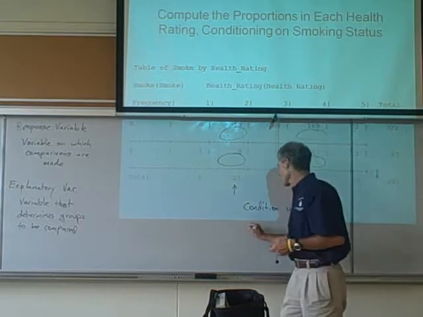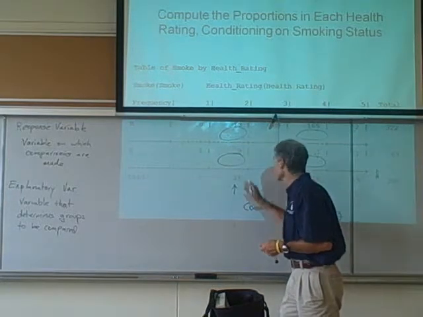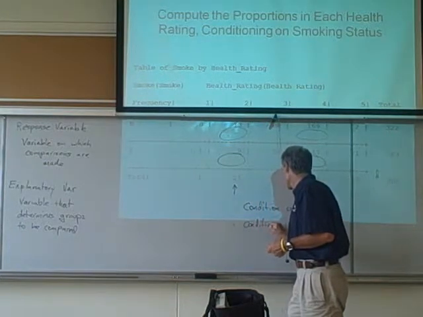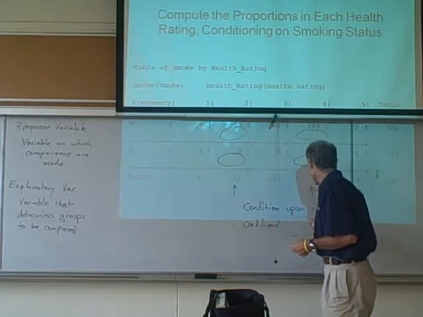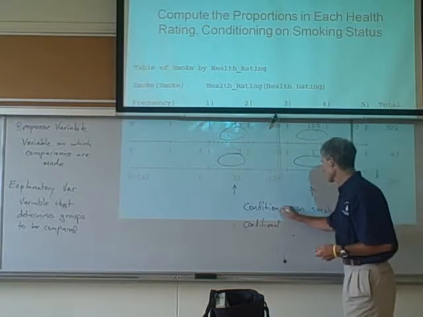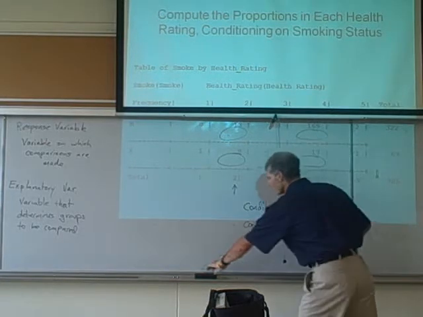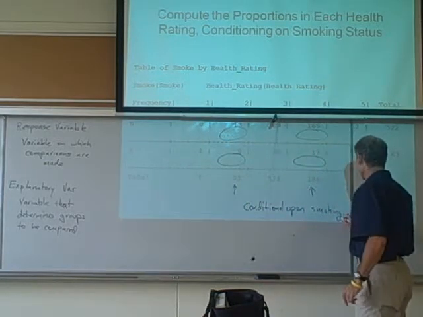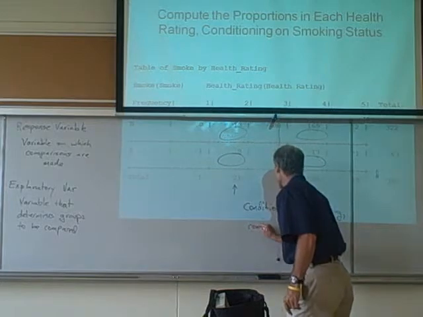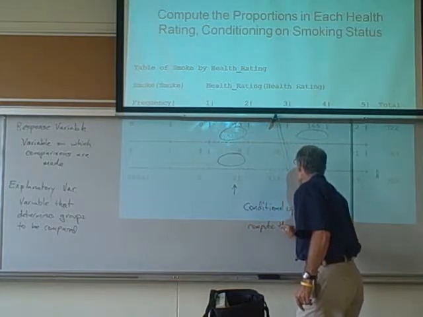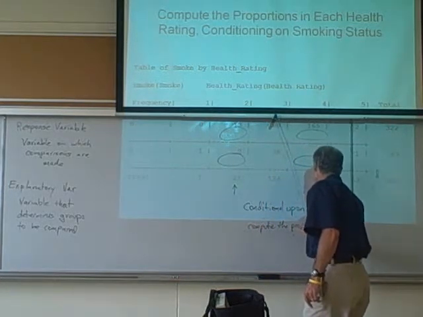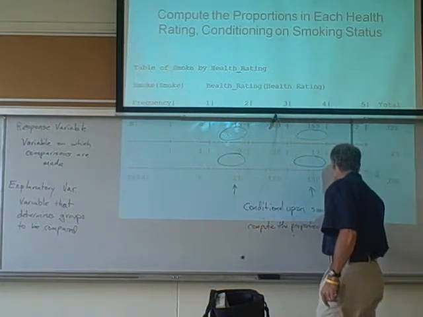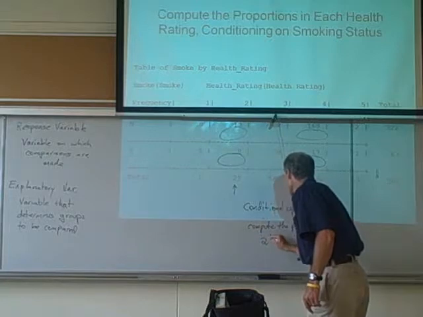I'll write it another way. I want these things conditional upon smoking. So it's conditional. That's how it's usually worded in a sentence. Conditional upon smoking, compute the proportion of 2s.